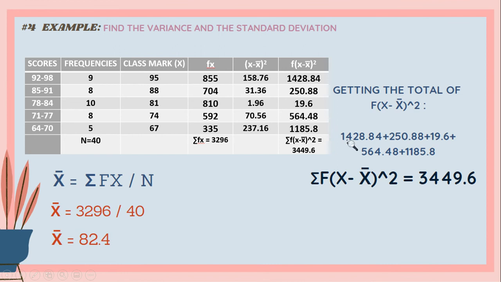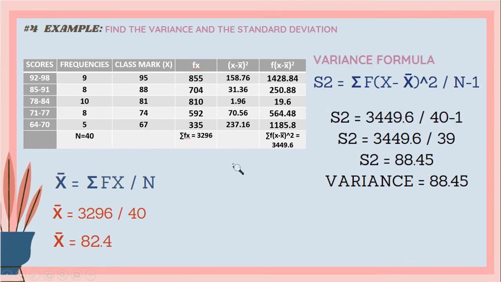So 1,428.84 plus 250.88 plus 19.6 plus 564.48 plus 1,185.8 is equals to 3,449.6. So this is the summation of f times x minus mean squared.